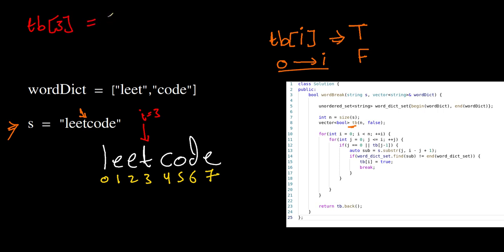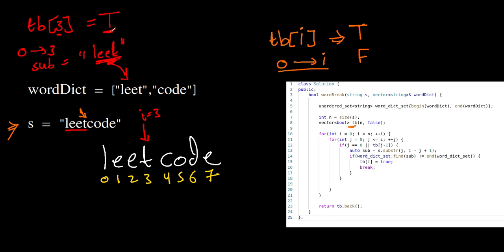will be true because the substring from 0 to 3, this part, leet, can be segmented into words that exist in the dictionary, so we can just take this word.